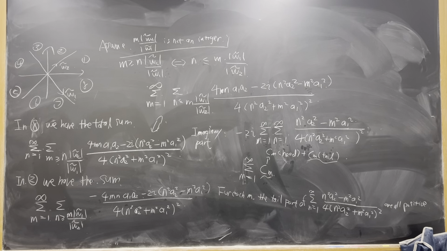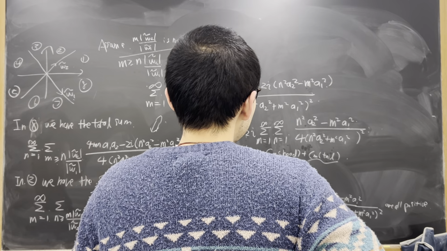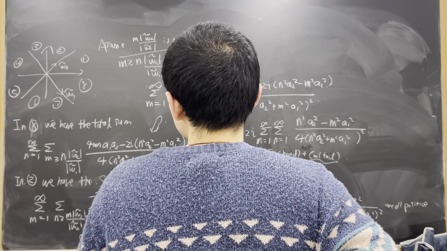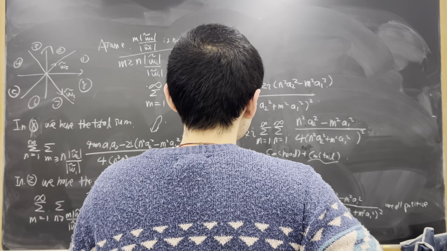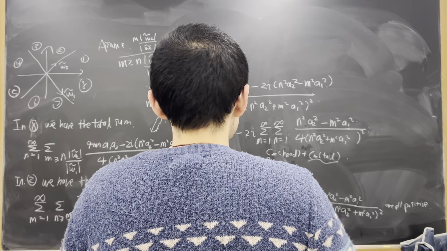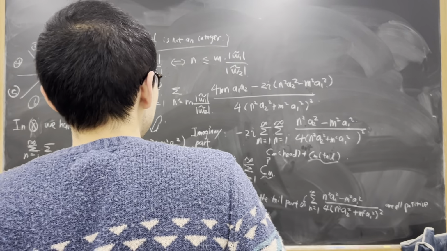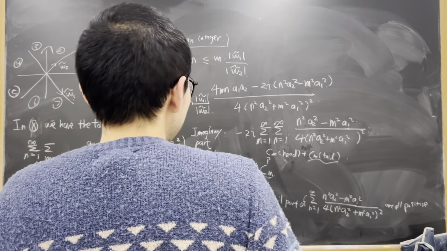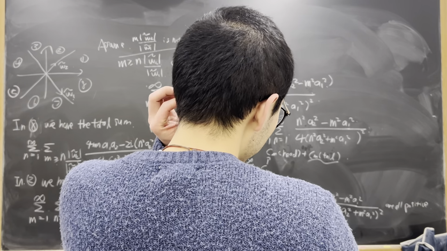Yeah, I think initially it must be negative, because I'm assuming that a1 is bigger than a2, right? So initially it will be negative, and then after some terms, it will become positive.